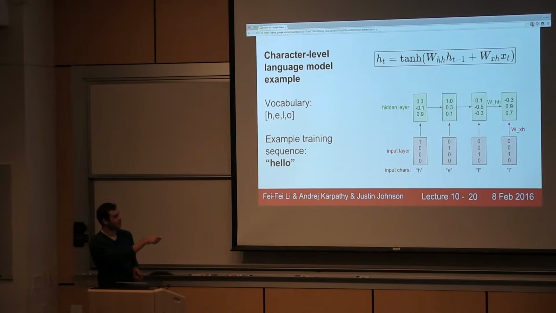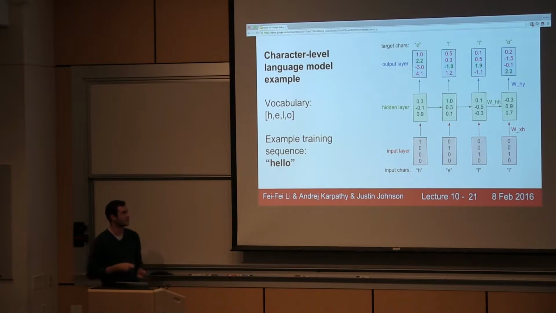And so we've applied this recurrence at every single time step, and now we're going to predict at every single time step what should be the next character in the sequence. Since we have 4 characters in this vocabulary, we're going to predict 4 numbers at every single time step. In the very first time step, we fed in the letter h, and the RNN, with its current setting of weights, computed these unnormalized log probabilities for what it thinks should come next.